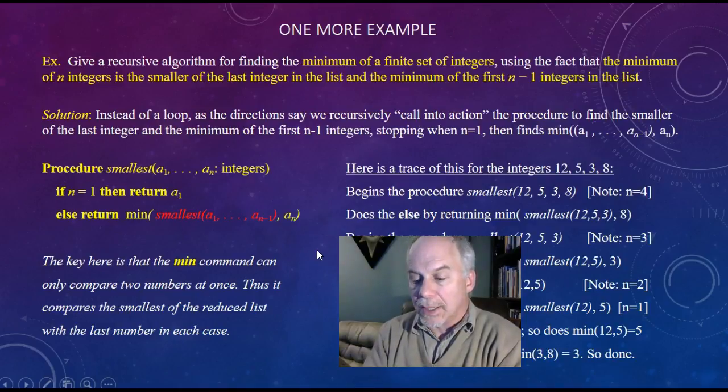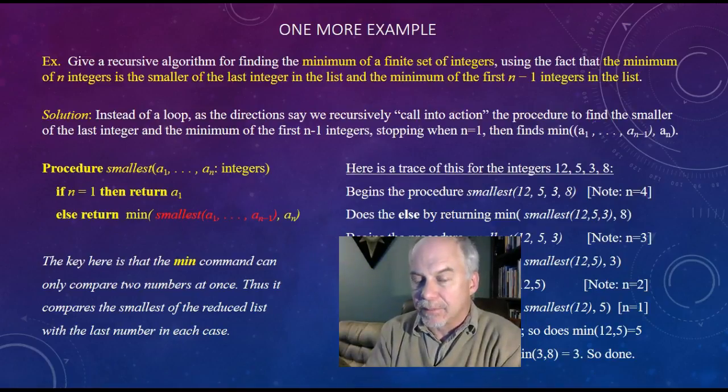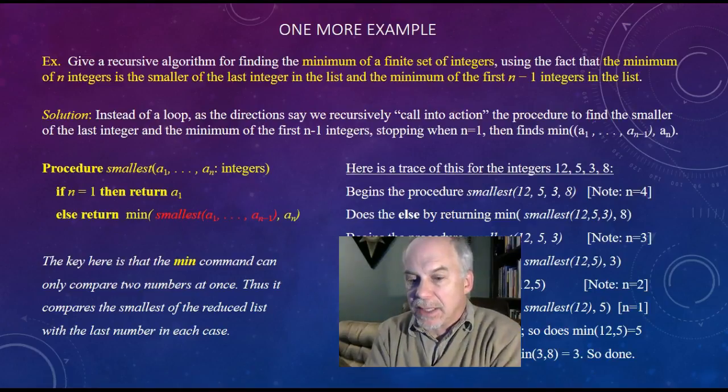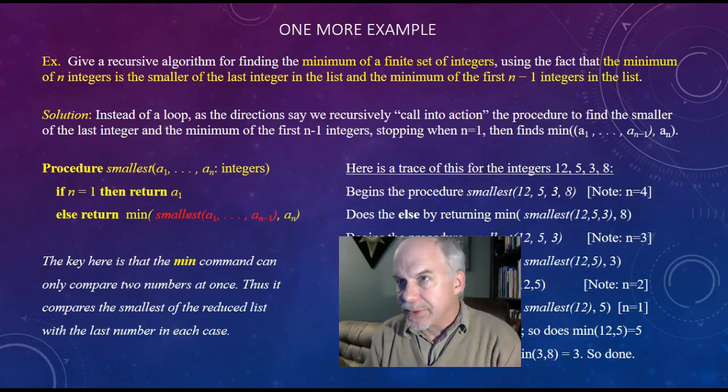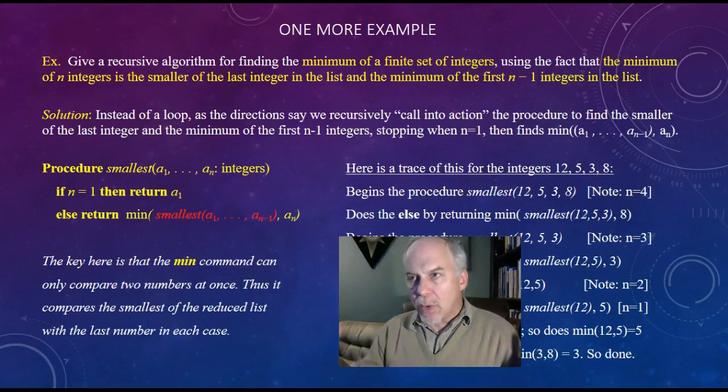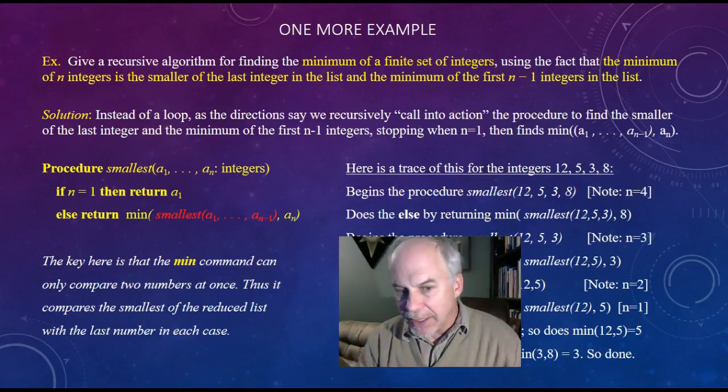So, let's say that every day you would add a new number to a list of numbers, but you didn't get that new number until that day. So you wanted to find the smallest number in that list.